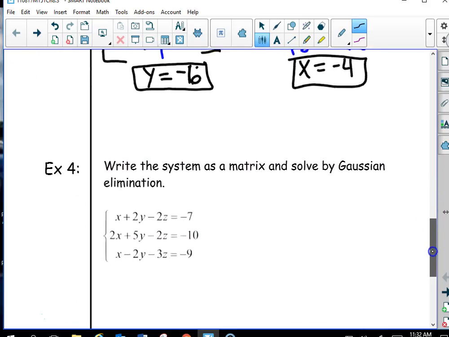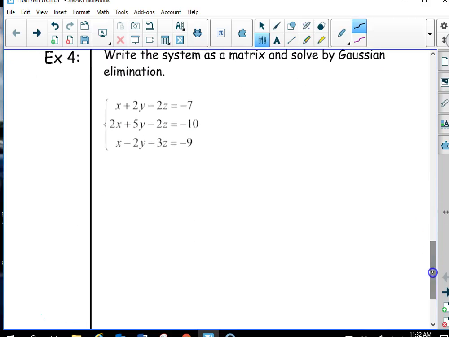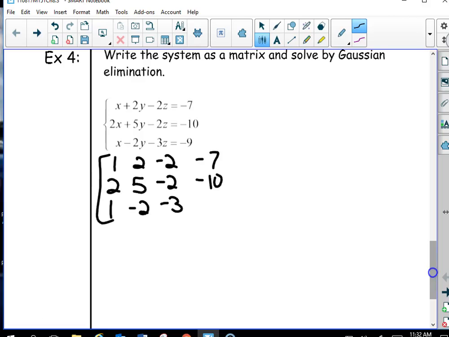All right, let's go on to the same idea, but a 3 by 3 matrix. Solving 3 equations for 3 variables. Okay, again, row 1 looks pretty good.